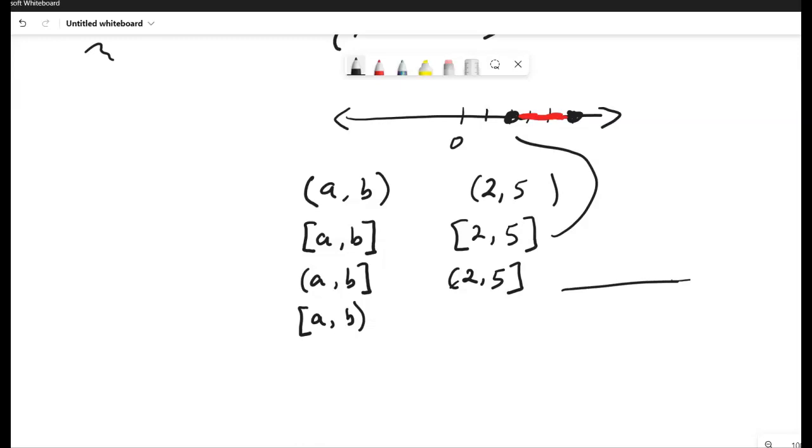So I'd have at 2 an open dot, and at 5 a closed dot, meaning that's included, and all the numbers between would be shaded. Likewise down here, if I have a 2 with a bracket and a 5 with parentheses, it means 5 would have the open dot, and 2 would have the closed dot, and we'd shade everything in between.